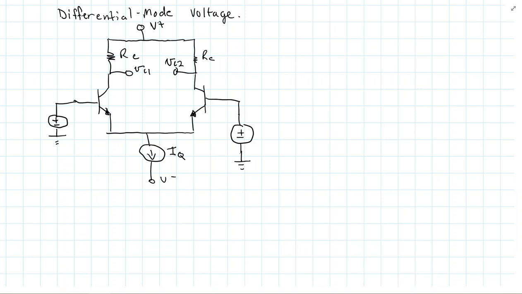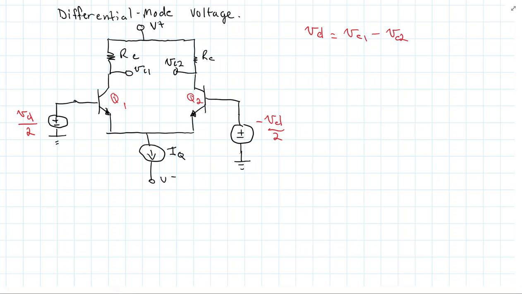Okay, so first off, we have these VB1 and VB2 here, and let me just emphasize, this is still Q1, Q2. Now what we're going to apply here is not the differential voltage, but we're going to apply the differential voltage divided by 2, and then the negative of the differential voltage divided by 2. Now remember, my differential voltage was defined as VC1 minus VC2.